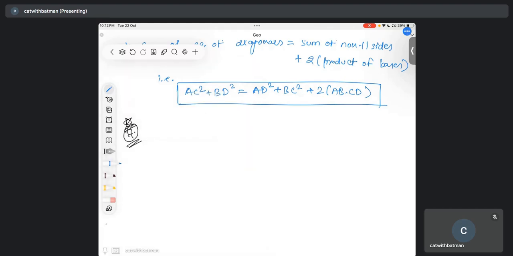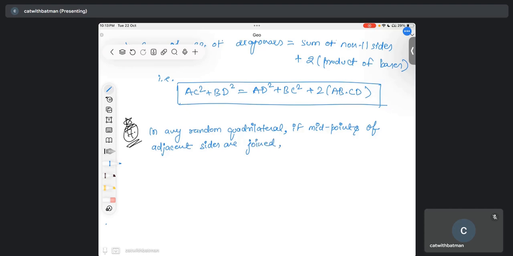In any random quadrilateral, if midpoints of adjacent sides are joined, then the figure that we get is a parallelogram. Let me show you.